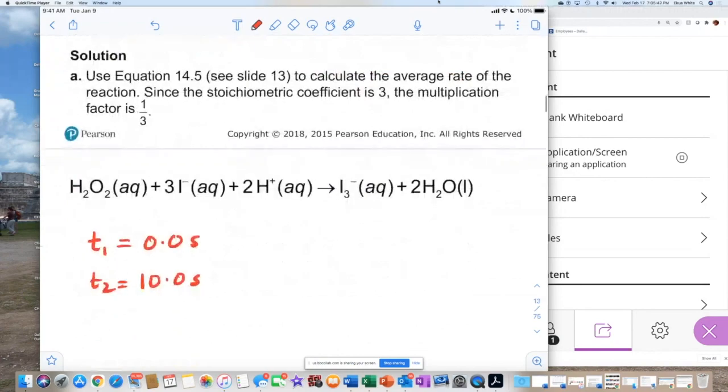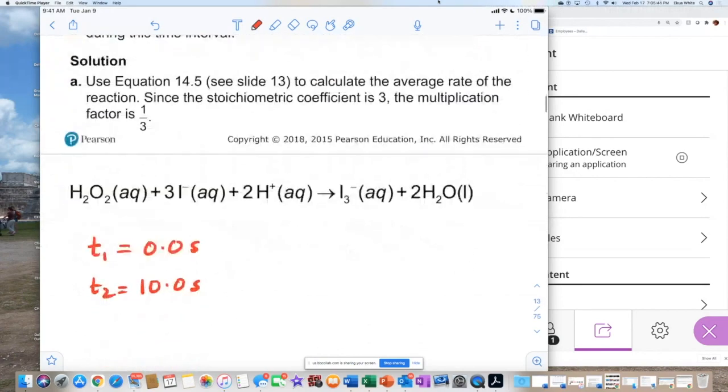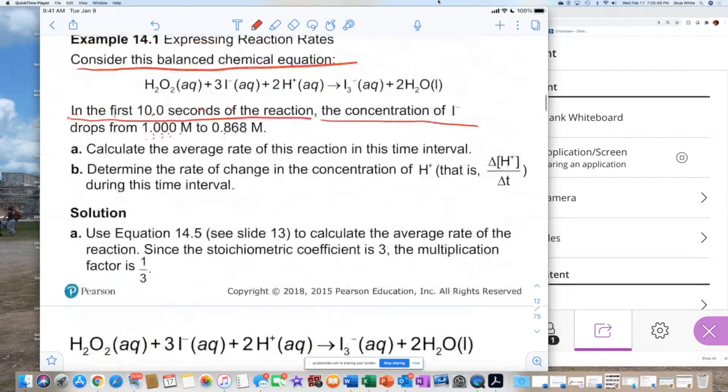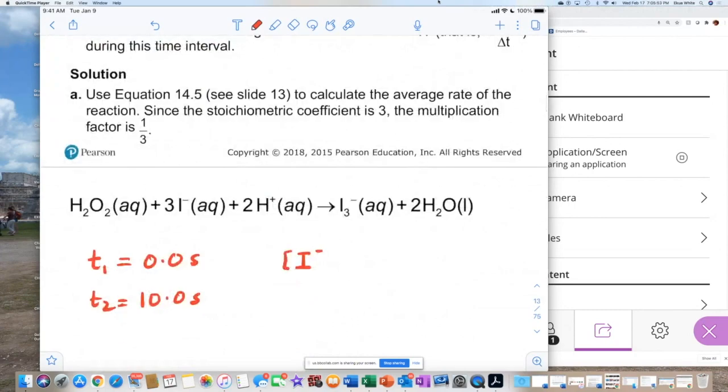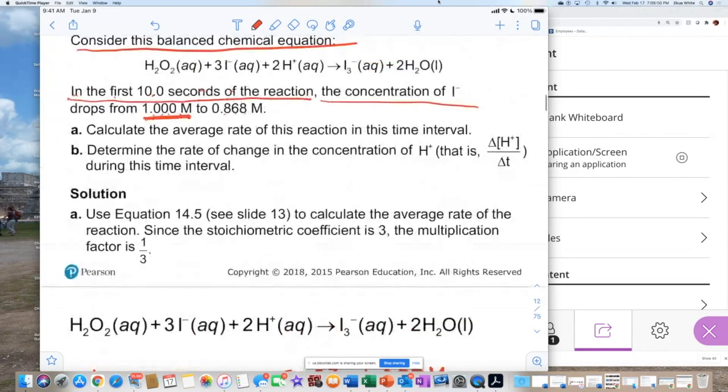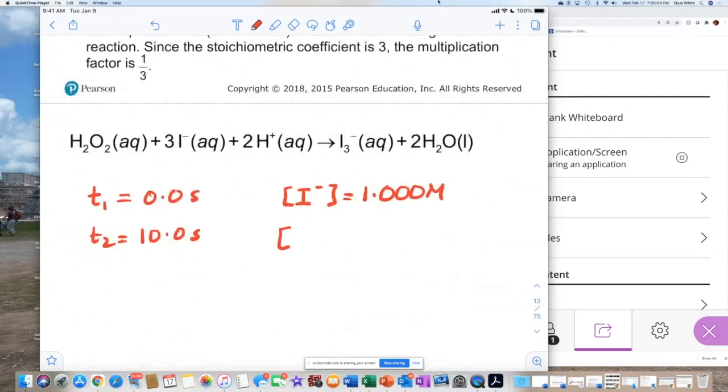When time was 0.0 seconds, before anything happened, the concentration of I minus, right, was this number right here. So I'm going to write this as 1.000, like that, right? And then I minus dropped to 0.868 molar.